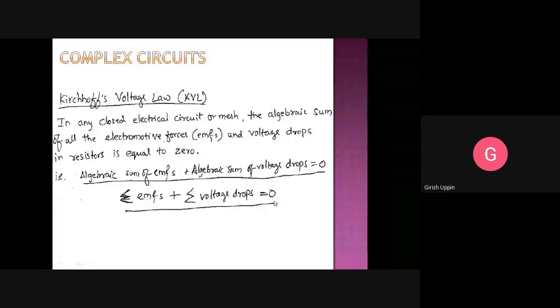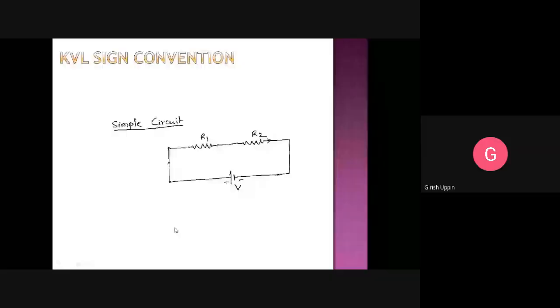Then we apply this to a simple circuit. And when we are applying KCL and KVL, what is the first thing we need to do? Irrespective of whether it is given or not, first you mark all the nodes. In this case I would say A, B, C, D, and in this particular simple circuit we have only one loop.